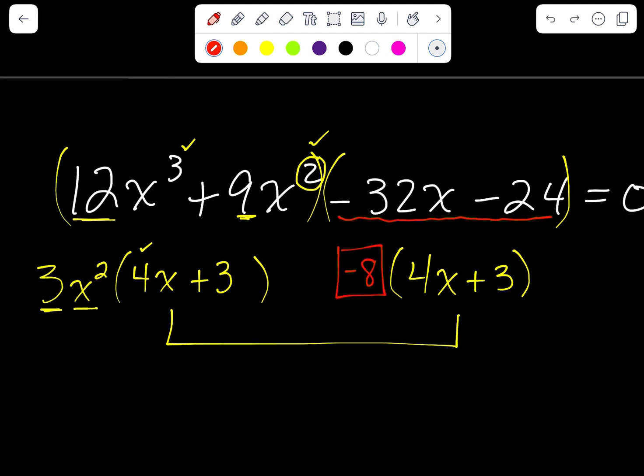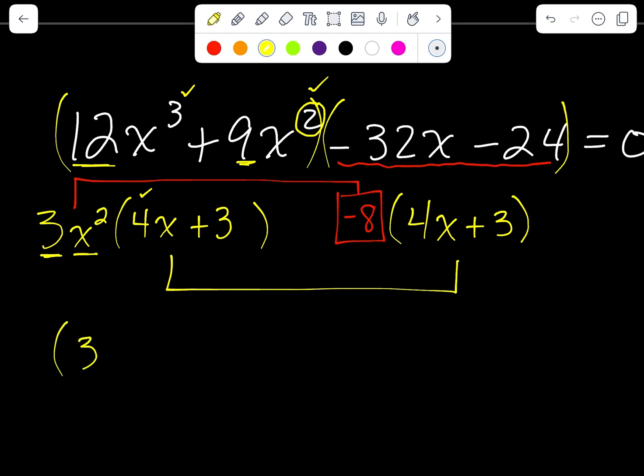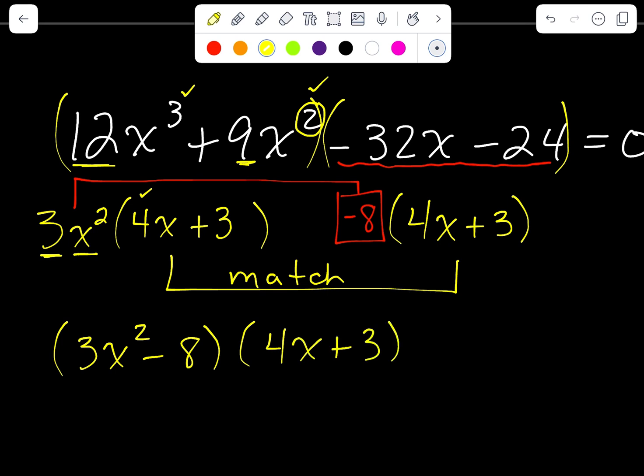So now we need to create our two factors here. The outside terms are going to go together. So we are going to have 3x squared minus 8. And then what I like to call the match is going to go together, 4x plus 3. We're going to set that equal to 0.